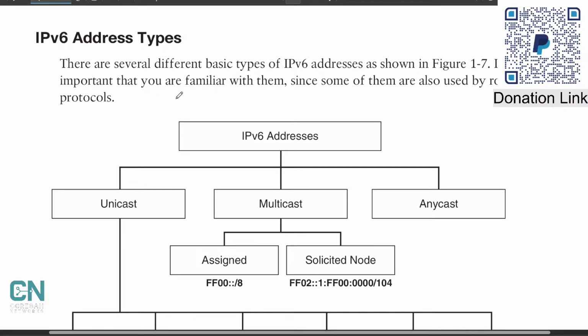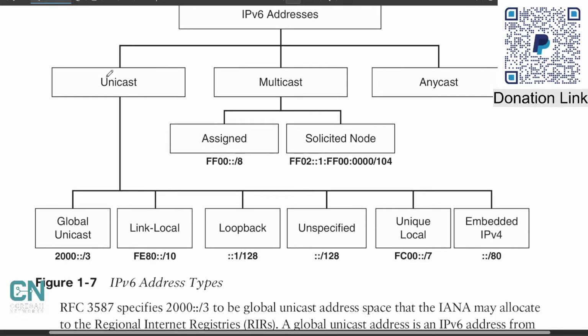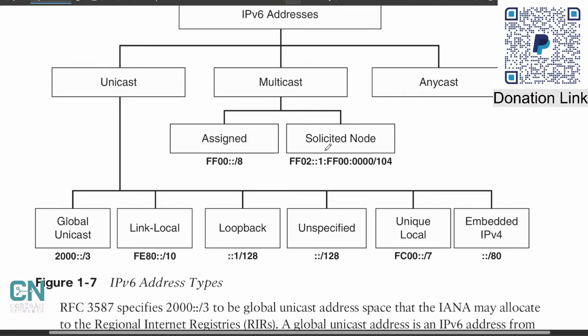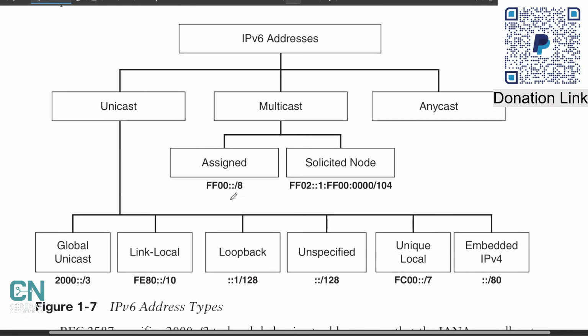It is important that you are familiar with them since some of them are also used by routing protocols. IPv6 types: unicast, multicast, anycast, as we discussed already, assigned and solicited node, global unicast, link local, loopback, unspecified, unique local, and embedded IP version 4. Global, local, link. Nice, I got it.